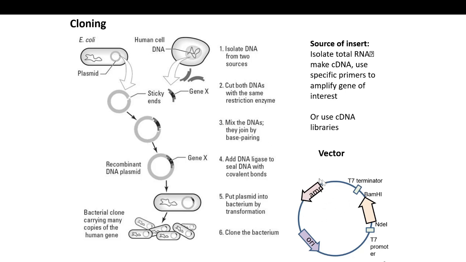We have to know that, and on the basis of that we grow the bacteria on a plate accordingly. If it contains the ampicillin resistance gene, only those constructs which have been successfully cloned and transformed into the bacteria will let the bacteria survive on an ampicillin agar plate. In that way we will be able to screen the colonies.